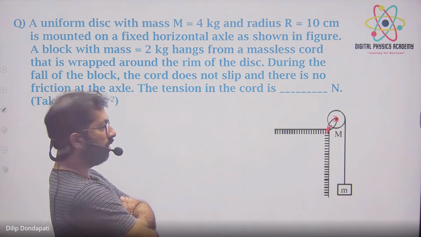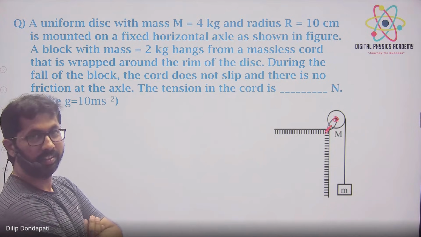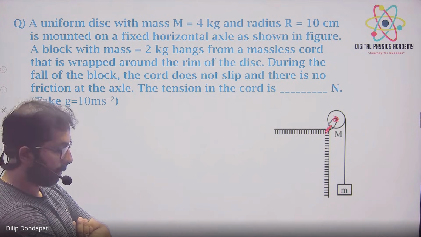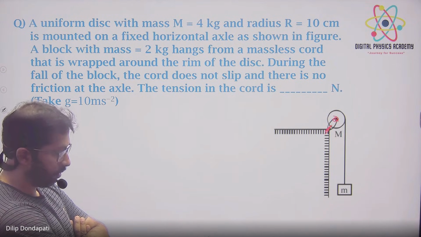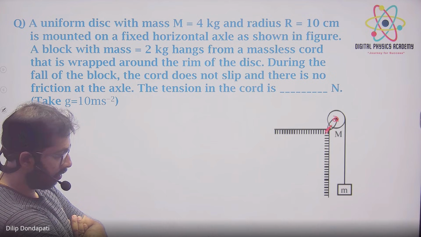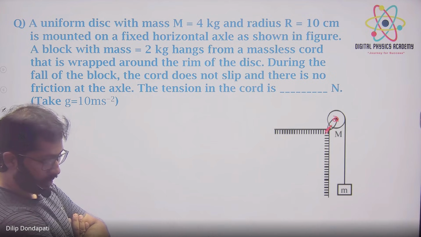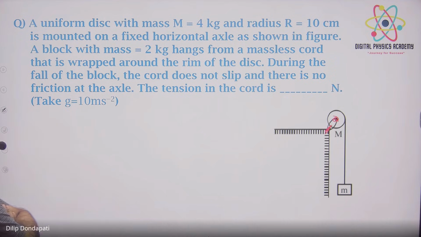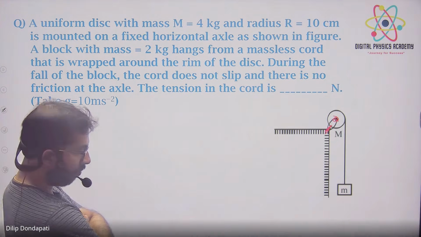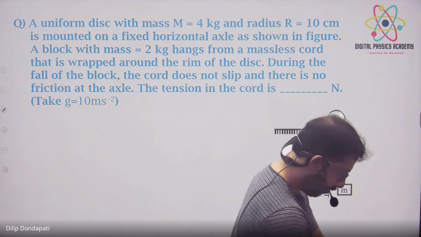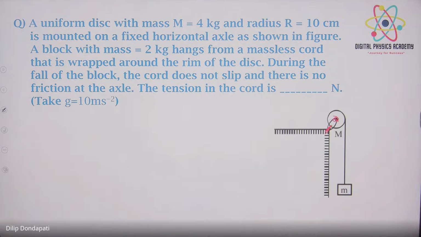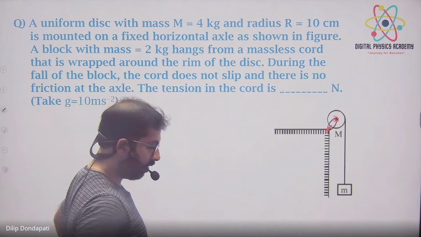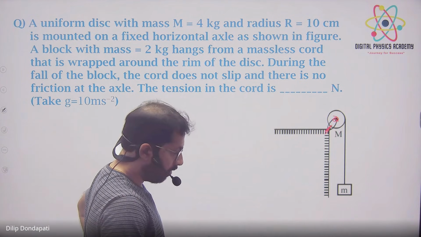Again, you use m2g minus m1g. Let's do it by method. Can you give options or is it numerical only? Numerical based actually. A two-digit number.